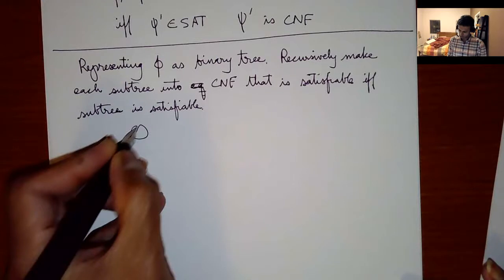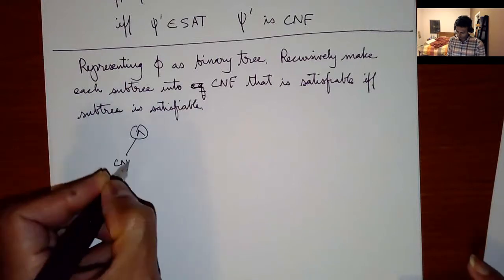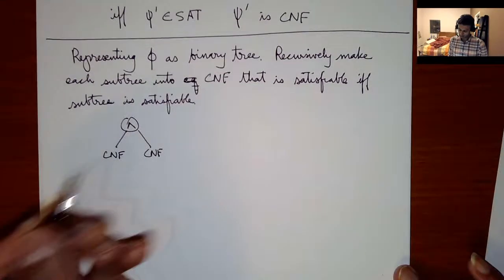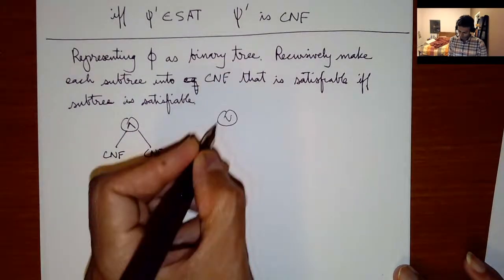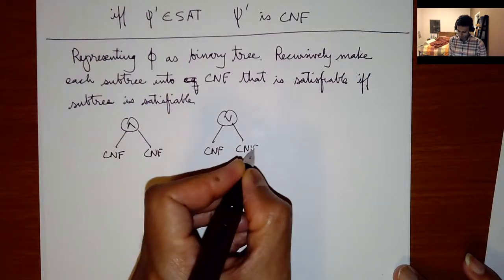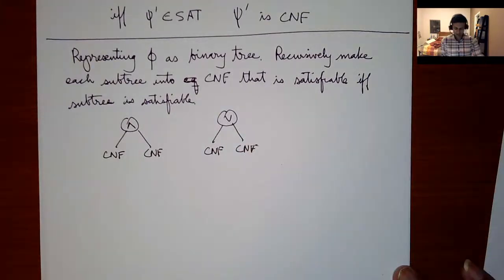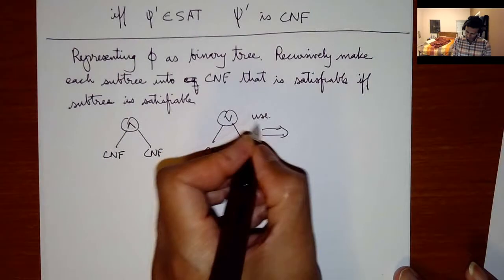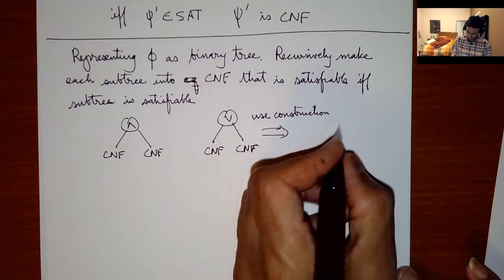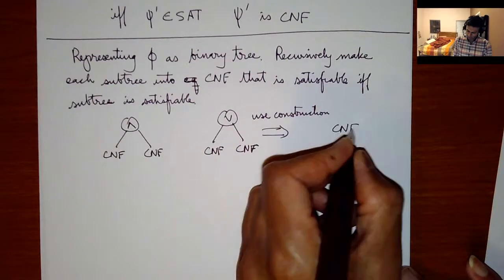Because if you have a CNF, then there's nothing to do. This is just a CNF. But if you have a CNF or a CNF, then you use the construction, and what you end up with is a CNF.